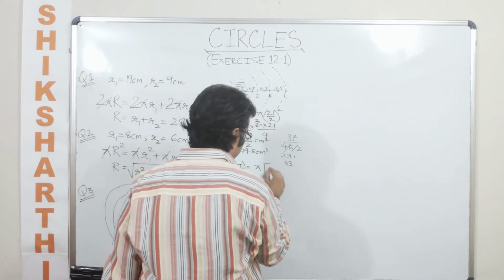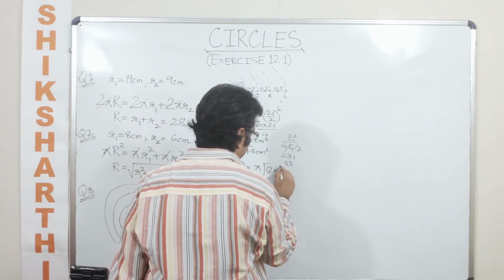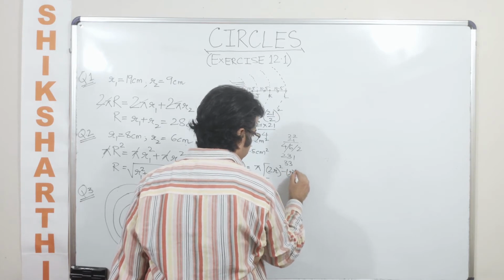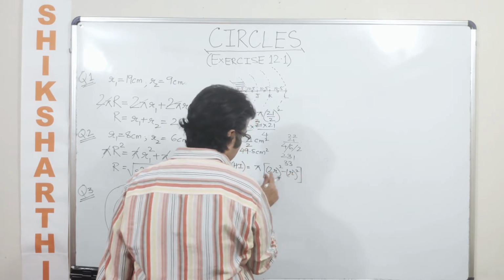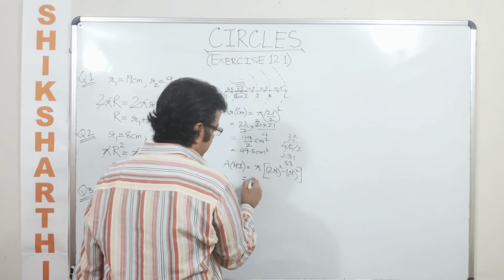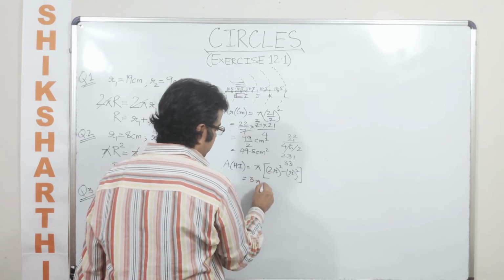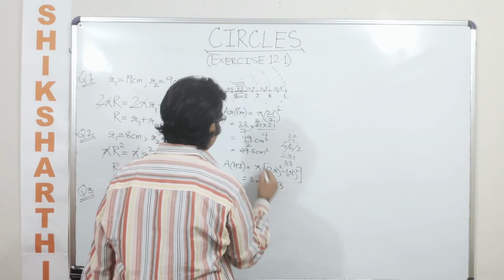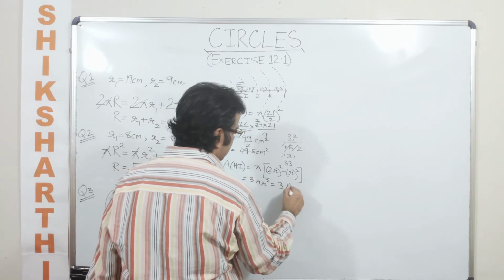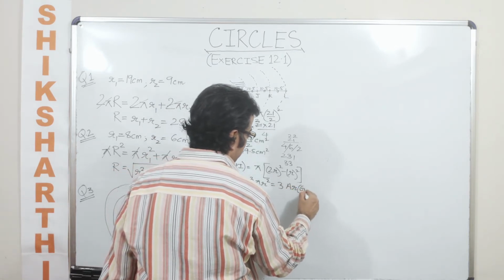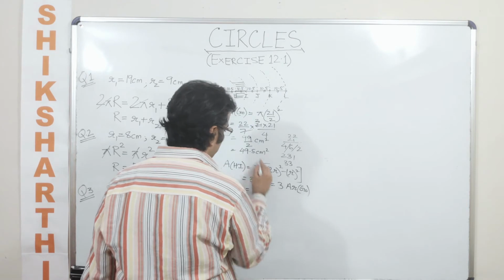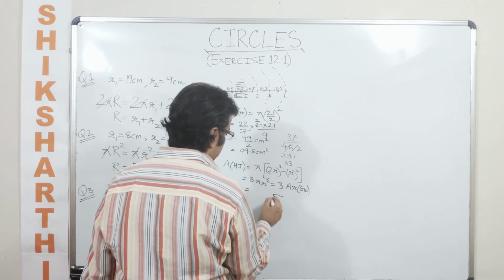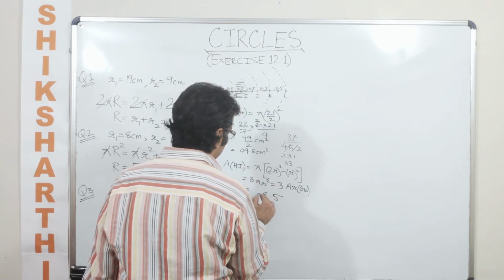So pi times of 2r whole square minus r square, which is just like saying a square minus b square, which is 3 pi r square, which is just like saying this is thrice the area of the gold one.